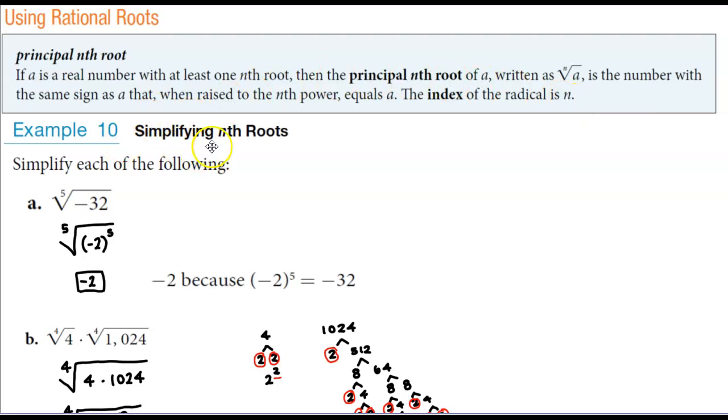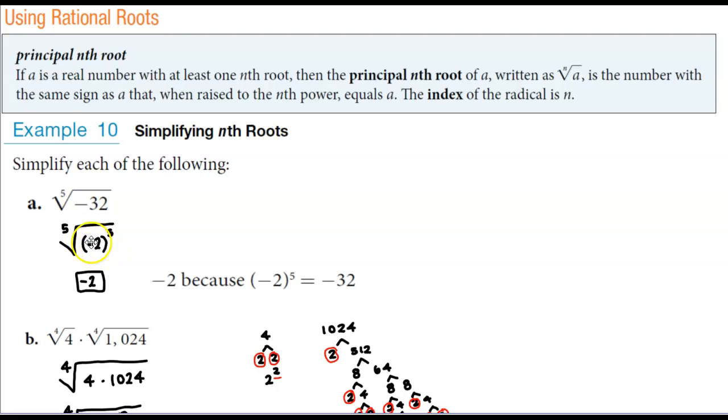Example number 10, we want to simplify nth roots. We want to simplify each of the following. We want to find the fifth root of negative 32. What it's asking us is, do we have a number that we can raise to a power of 5 to get negative 32?